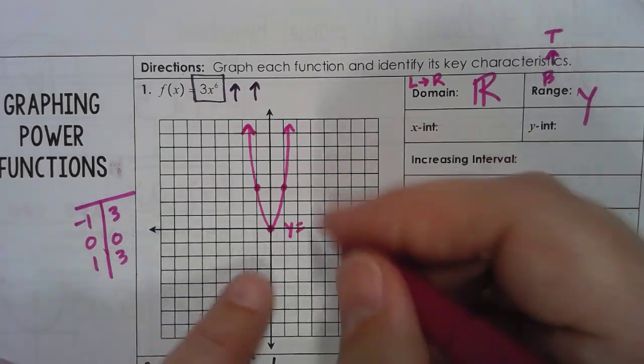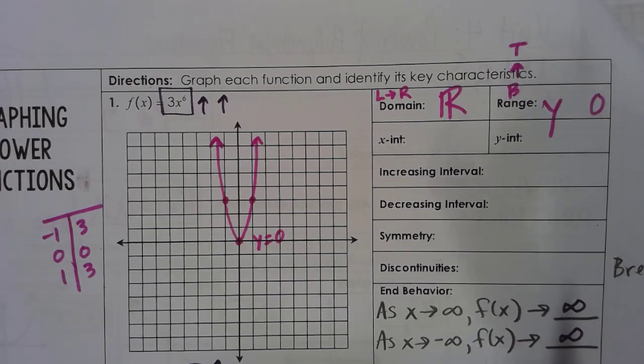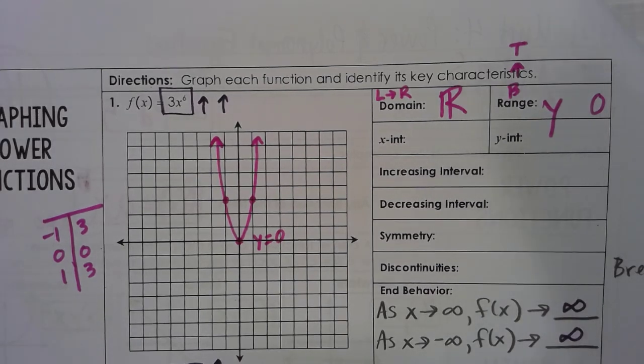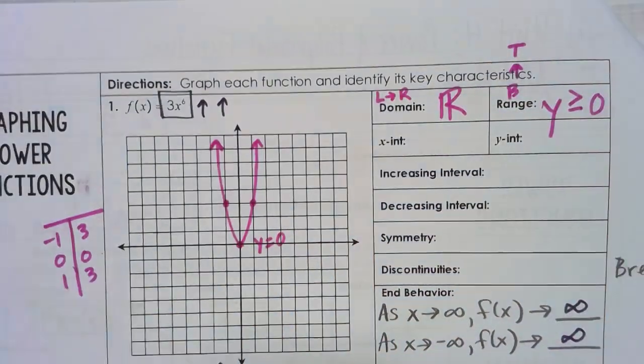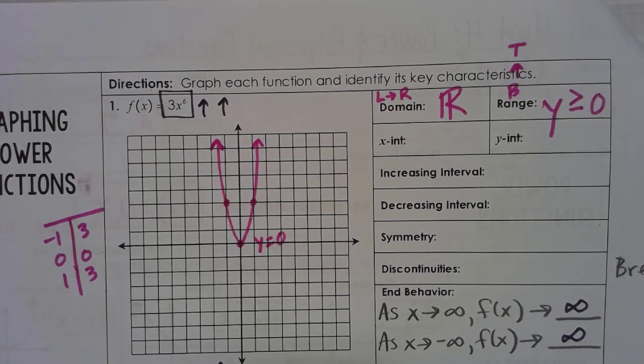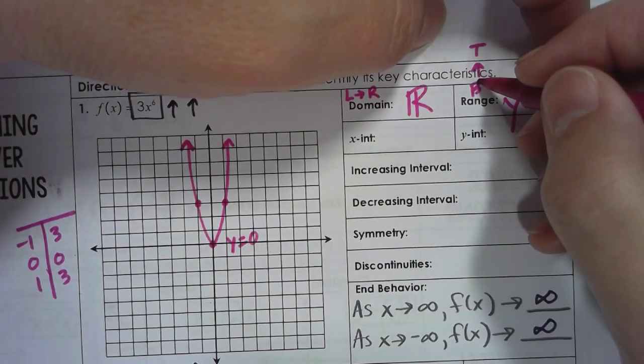It's 0, 0, right? So our y value is 0. So the lowest y value is 0. And our function, does it go up from there or down from there? Up, so that's greater or equal.